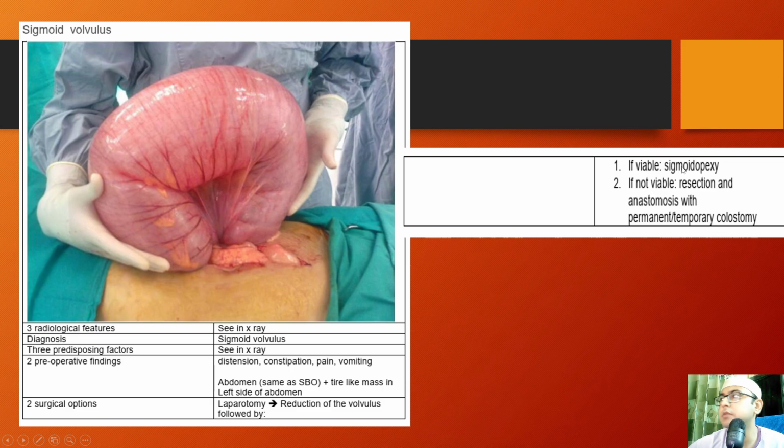So if viable, sigmoidopexy, and if not viable, resection anastomosis of this segment, and also the Hartmann procedure or Paul Mikulicz's surgery, that is double loop, double opening, proximal and distal one comes through the percutaneous area, that is called Paul Mikulicz's. On the other hand, you can use Hartmann's procedure.